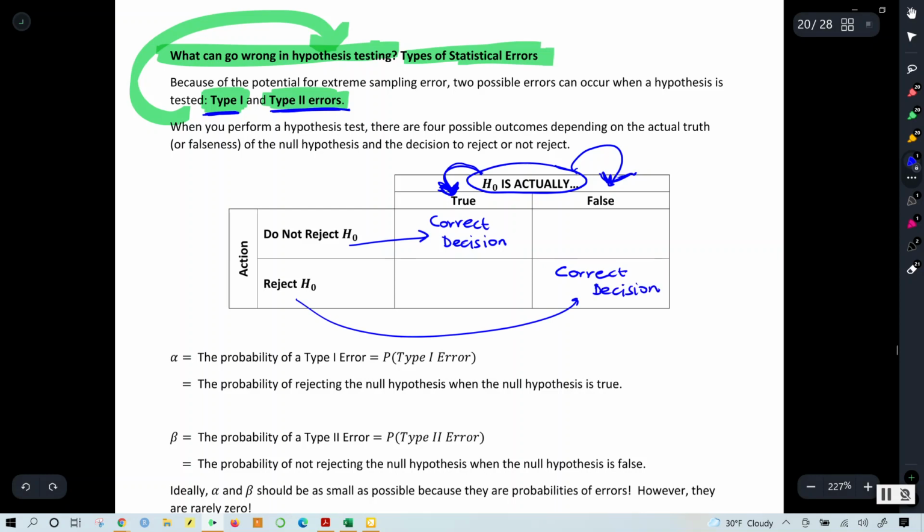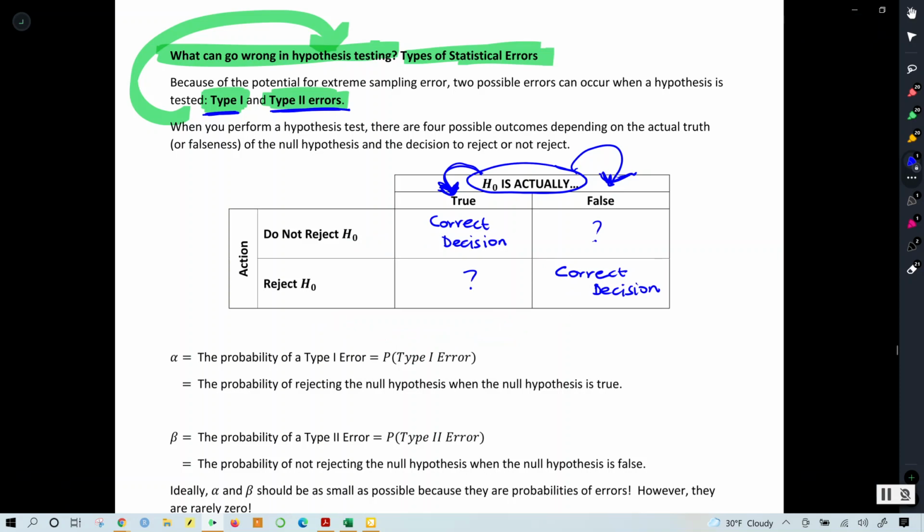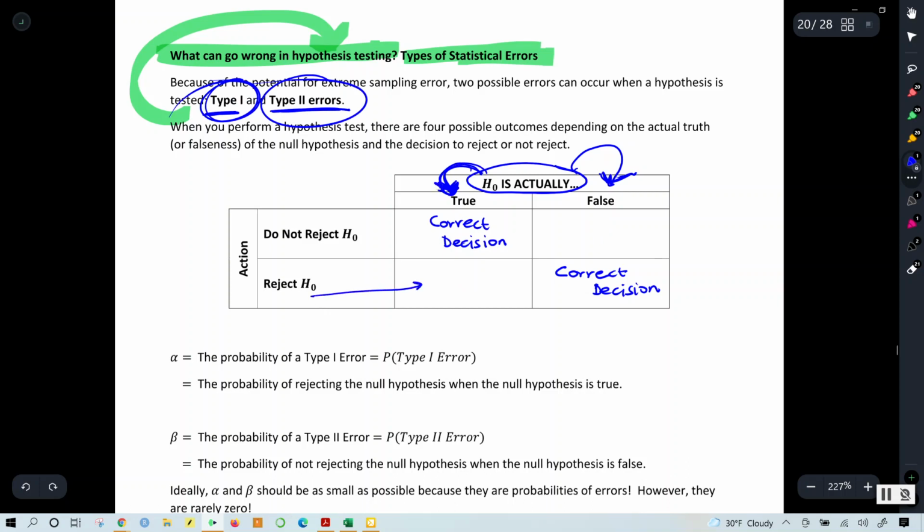These are both correct decisions, which leaves us with two remaining cells here that are unfilled. So we're going to fill them with either type 1 or type 2 error. Type 1 error arises when the null hypothesis is true and we end up rejecting it based on some error we committed while performing the statistical hypothesis test.